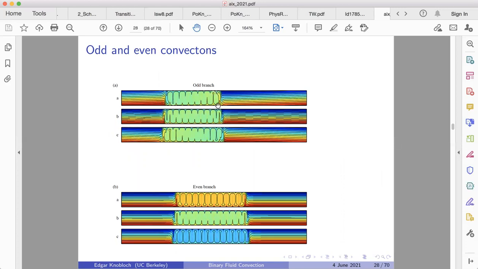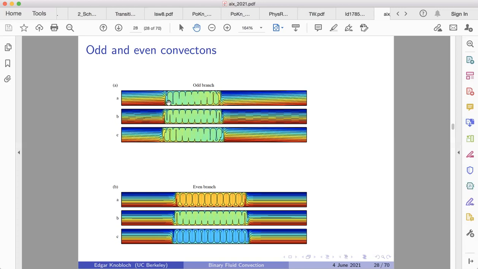So I have a counterclockwise roll here. I have a counterclockwise roll on the other side as well. And this one entrains the heavier material from below. These are contours of concentration here. And so it mixes into the structure the heavier component, and here it mixes in the lighter component on the other side.